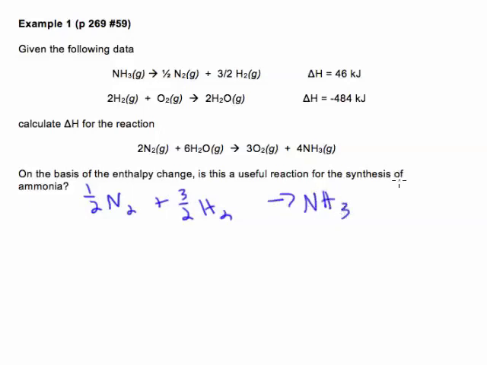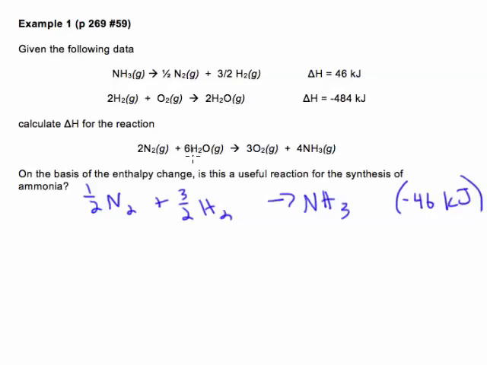You do not have to write out these steps, but I like to show the logic and the thought process, and it might help you later when you go back and are studying for tests to see what you did. Because we're reversing it, the delta H is reversed as well. It's negative 46. If we look at the second reaction, it's hydrogen and oxygen making water.